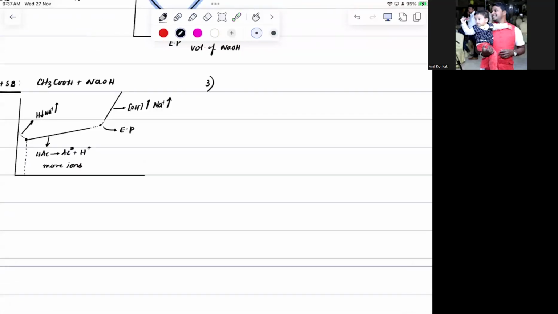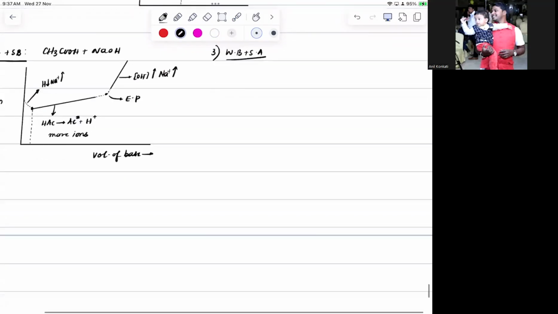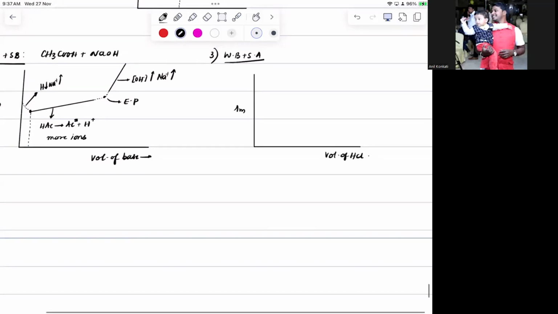The third titration which could be asked is weak base plus strong acid. Here also the graph would be exactly the same. For lambda m, this is the volume of HCl added.